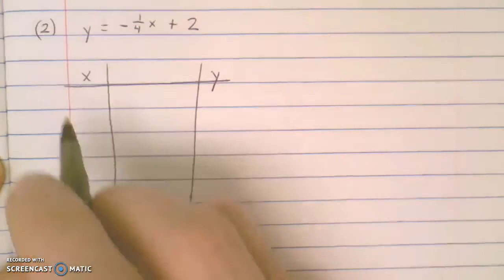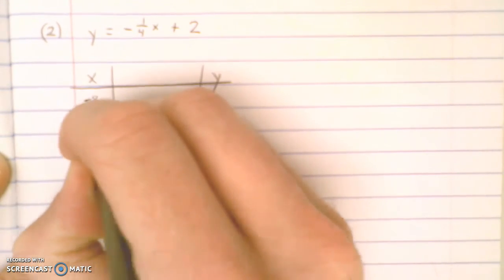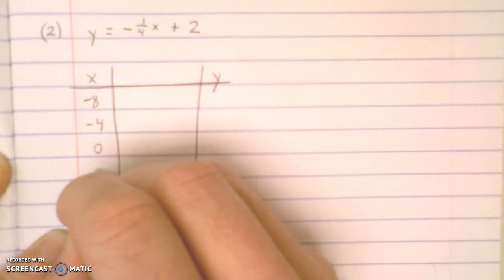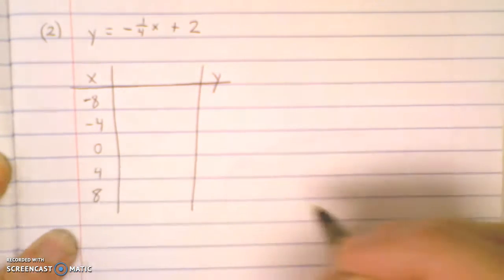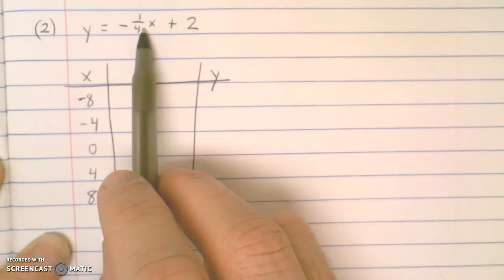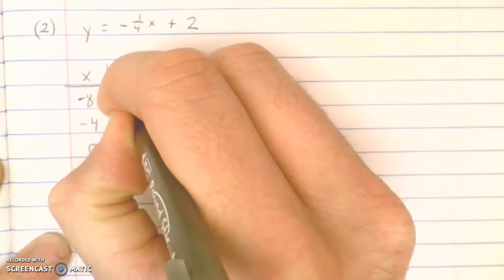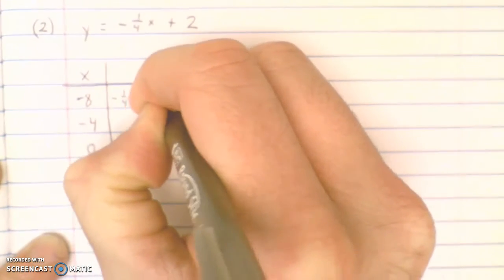This time we're going to use some different x values. We will use negative 8, negative 4, 0, 4, and 8. So I'm going to plug these into this formula. It's going to be negative 1/4 times negative 8 plus 2.